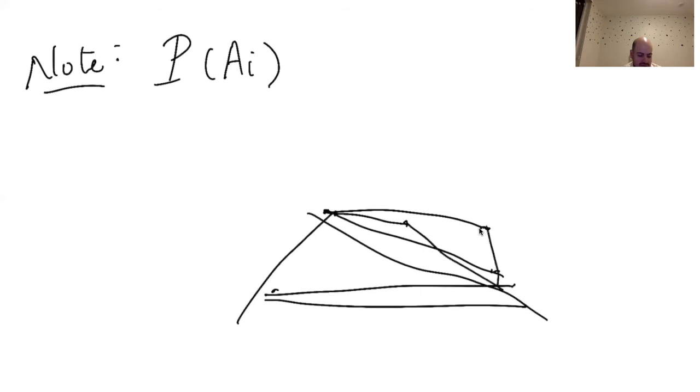Otherwise, this would not be complete. So every possible edge should appear. How many possible edges do I have if I have L vertices? I have to choose two vertices out of L vertices. How many options do I have? L choose two.